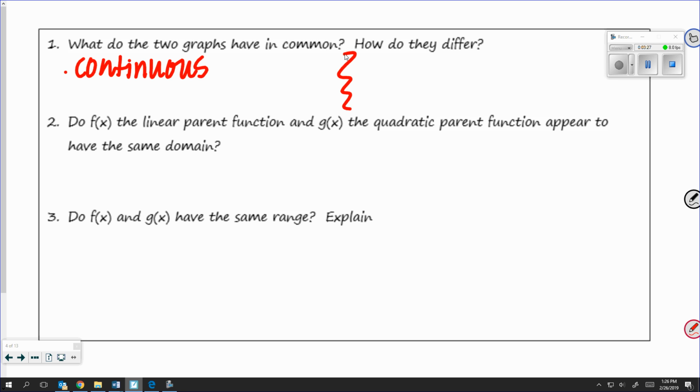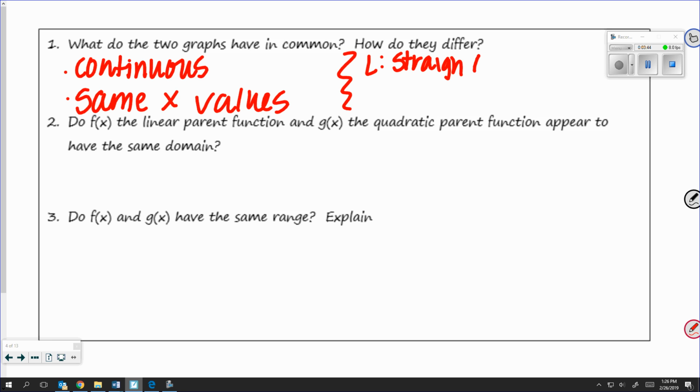They also have the same x values. The difference is a linear one is a straight line. A quadratic is a curved line. Also, their y values are different.